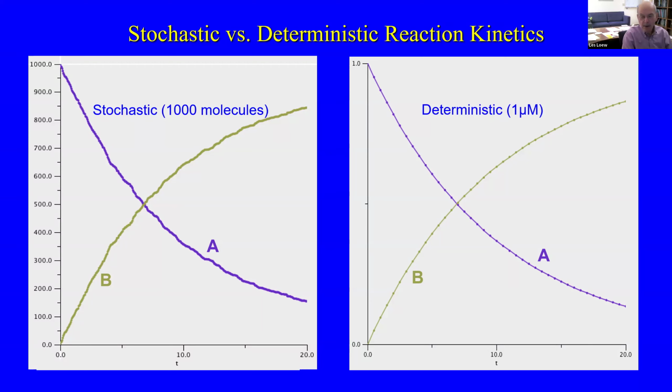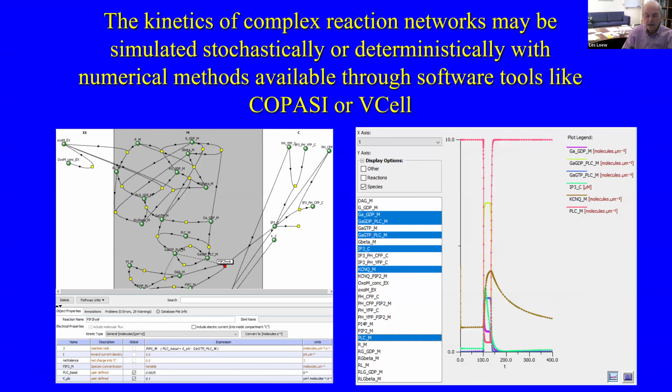But even if you know that math, for a more complicated reaction scheme, and this is just a series of complicated pathways where each of the green balls represents a molecule or a state of a molecule, and each of the yellow squares represents a reaction that combines those molecules.